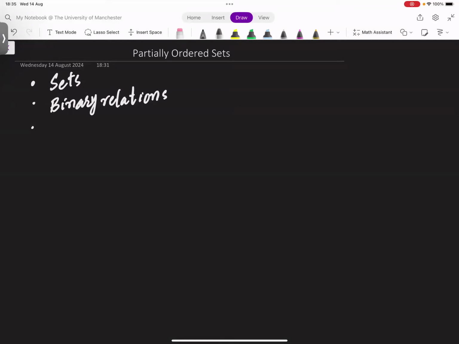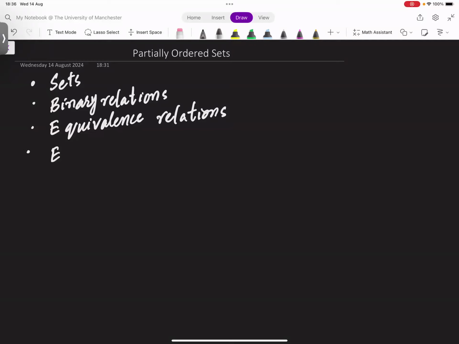We have more specifically looked at the equivalence relations. And then we have also shown that equivalence relations and partitions are closely related.